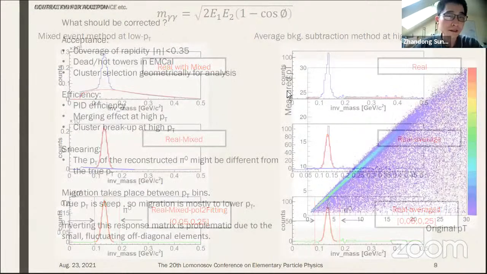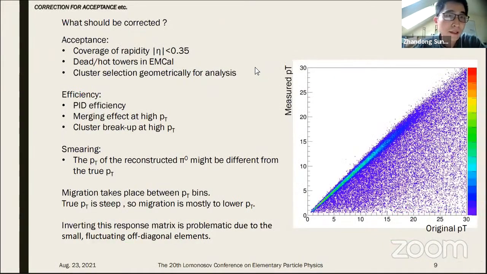Now we have the raw pi0. It has to be corrected. At PHENIX, we first have an acceptance correction. It includes the coverage of the rapidity, and the hot towers or channels in the EMCal. And in this analysis, we also choose two photons in the same sector in our detector to pair up to reconstruct pi0s.